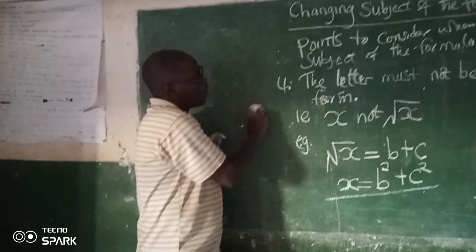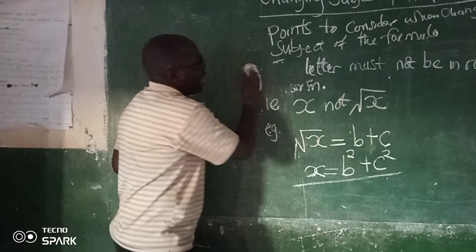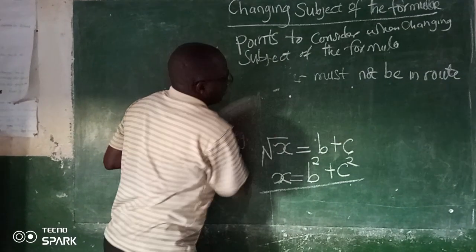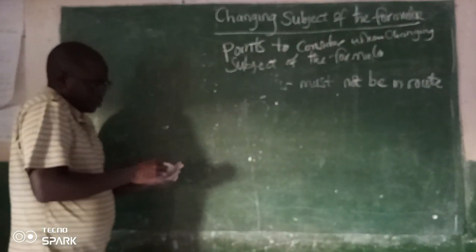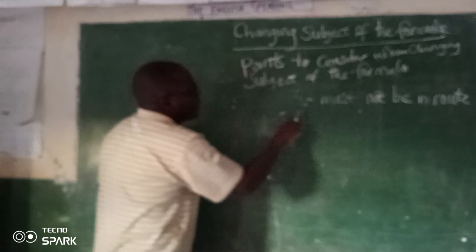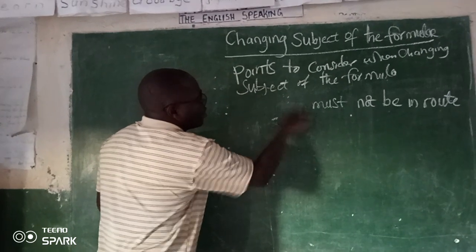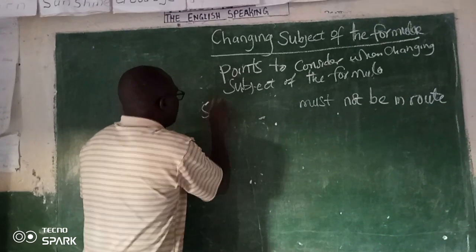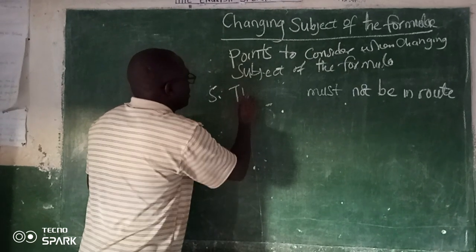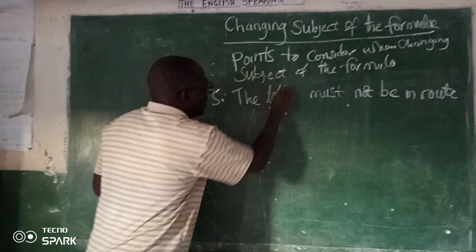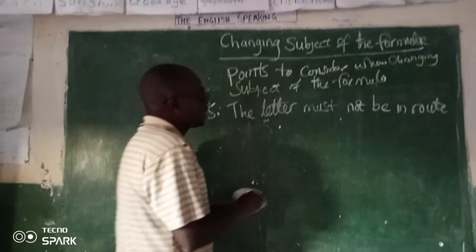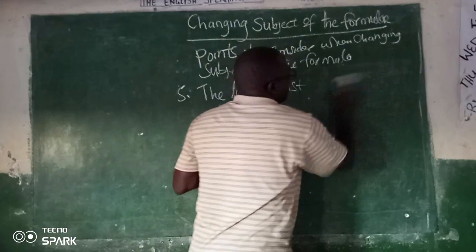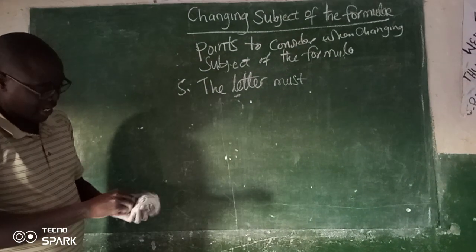Let's do point number 5. Point number 5: the letter must have the power of 1.